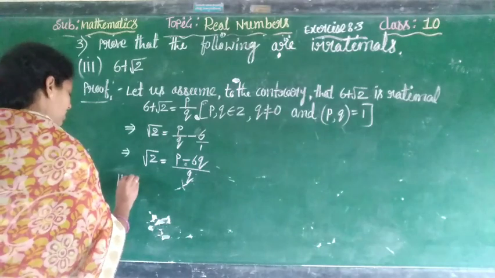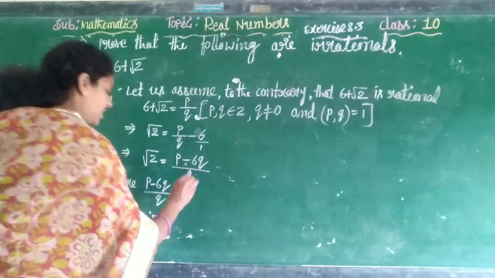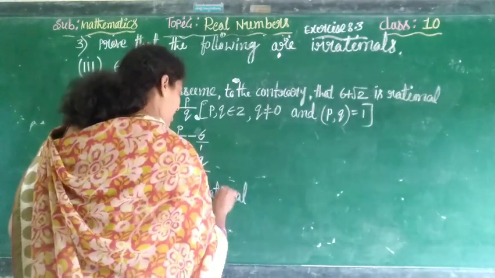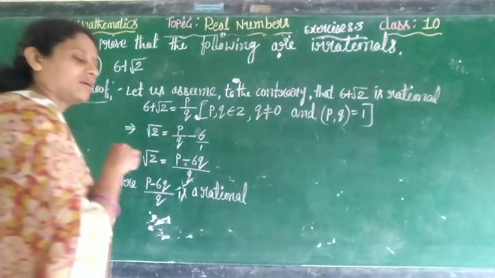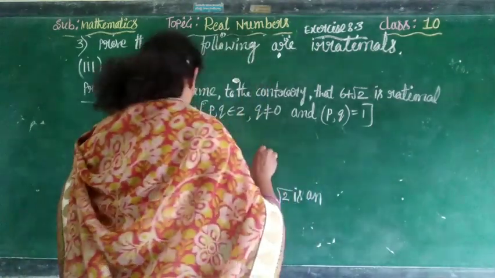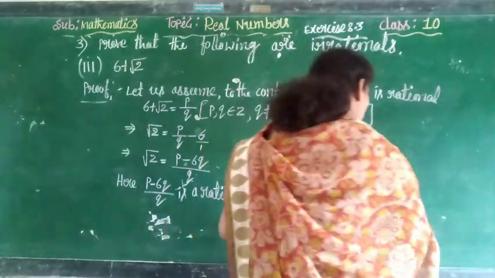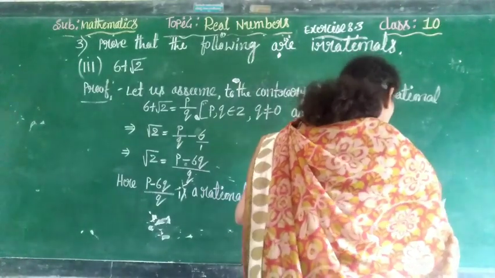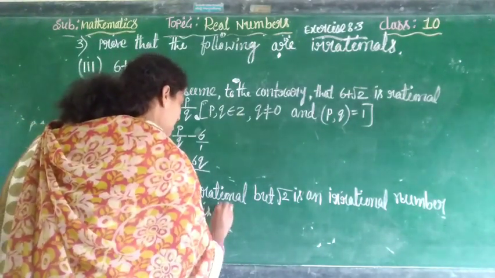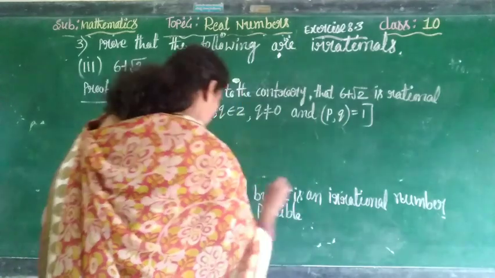So here p minus 6q by q is a rational number, but root 2 is an irrational number. This is not possible.